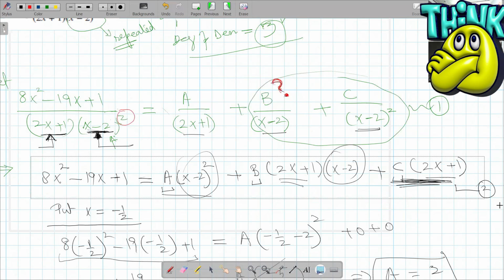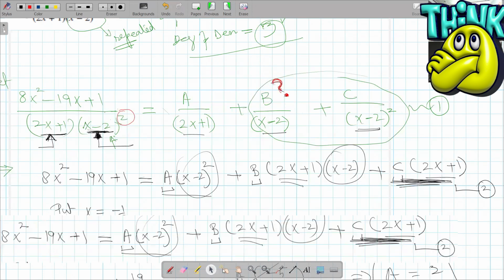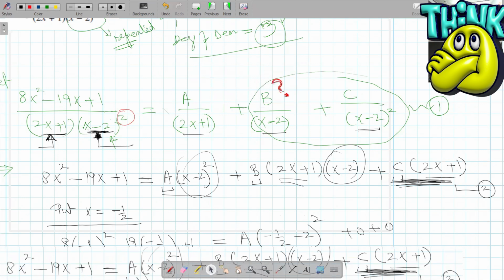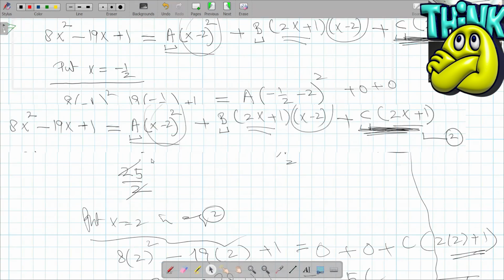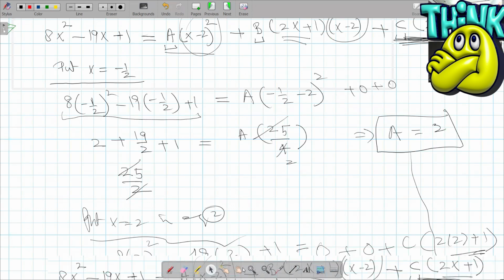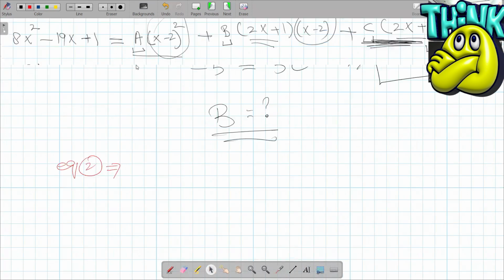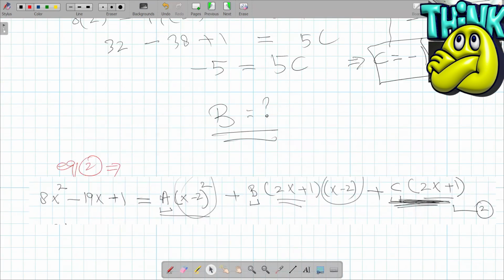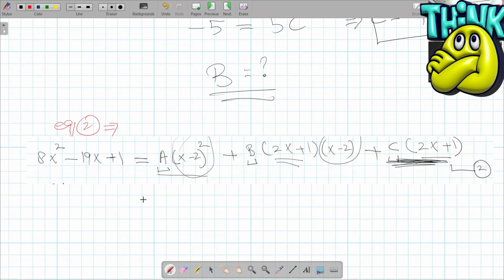Let's bring it down. Here we have this equation. Now from this equation, we need to simplify it a little bit more.